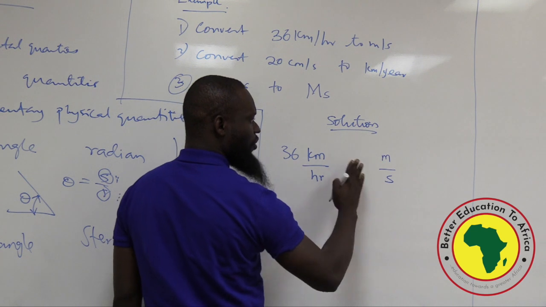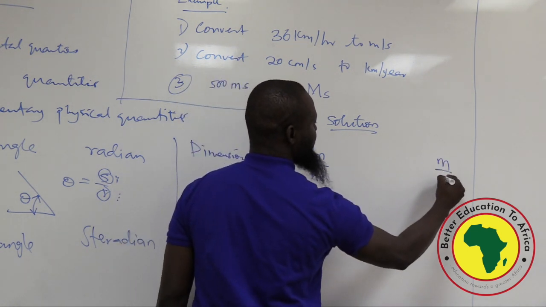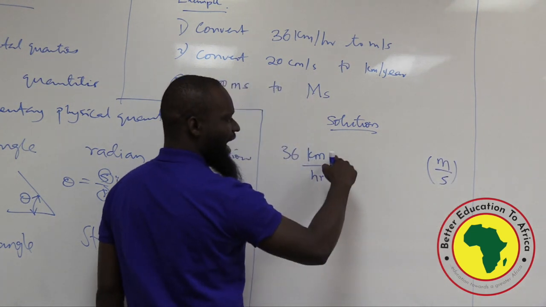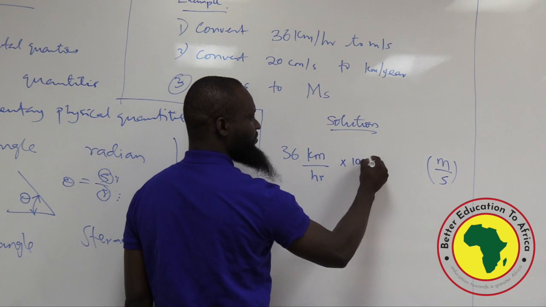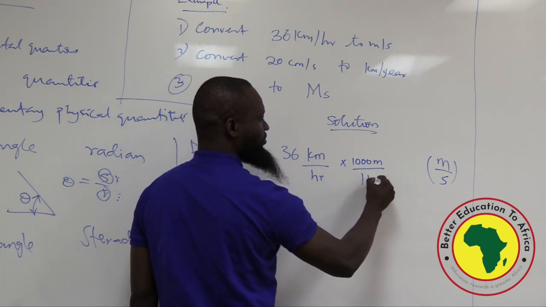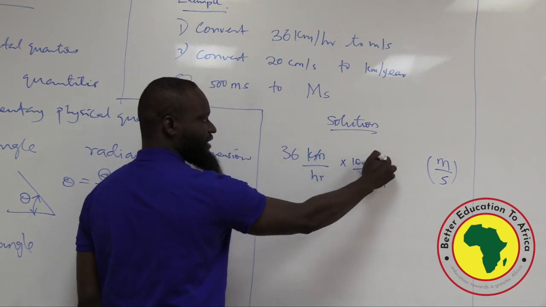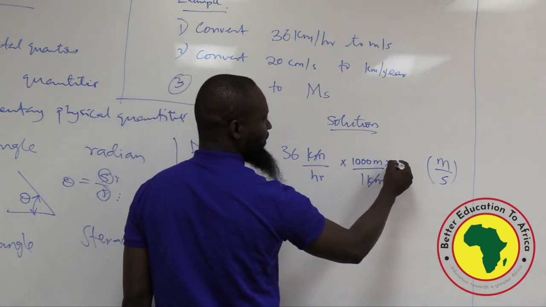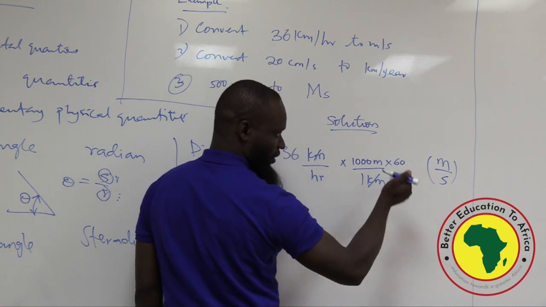So I go stage by stage. Since I want meters per second instead of kilometers per hour, I replace the kilometer with meters. How do I do that? 1,000 meters is 1 kilometer. So we cancel kilometer, and meters is left up. And then 60 seconds is 1 minute.